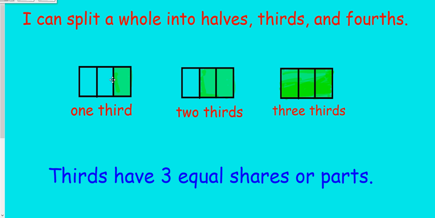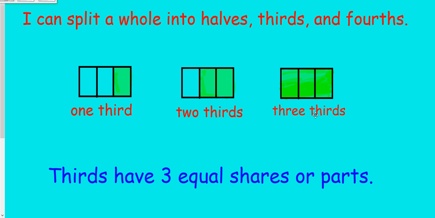If a whole is split into 3 equal parts or shares, and you have one of those shares, you say that that is 1/3. If a whole is split into 3 equal parts, and you have 2 of those equal parts, you say it is 2/3.